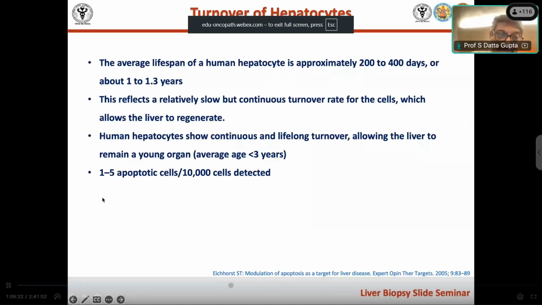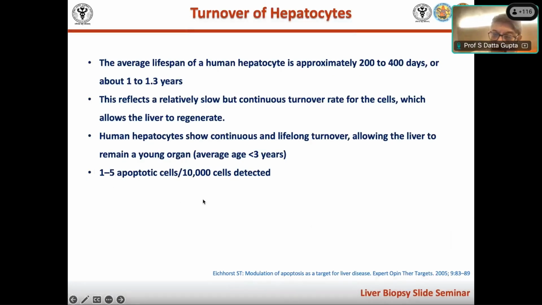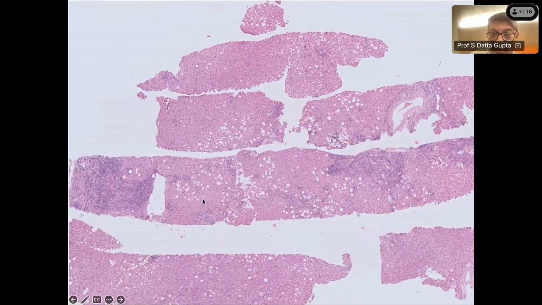And apoptotic cells you hardly find. If you count 10,000 cells, you'll find only 1 to 5 cells. So this is the liver biopsy. You will see how much fat do you see? Normally less than 5%. Why do you know it is less than 5%?